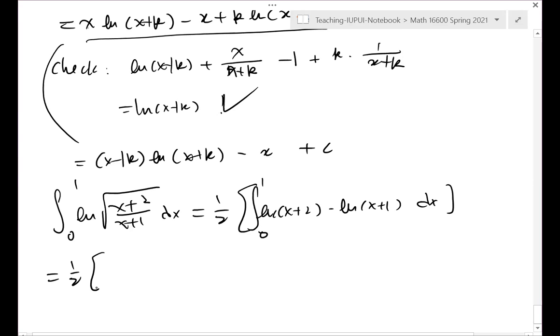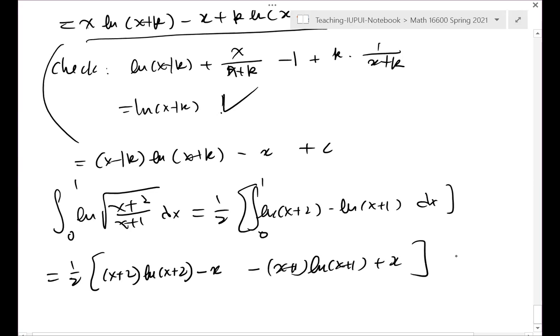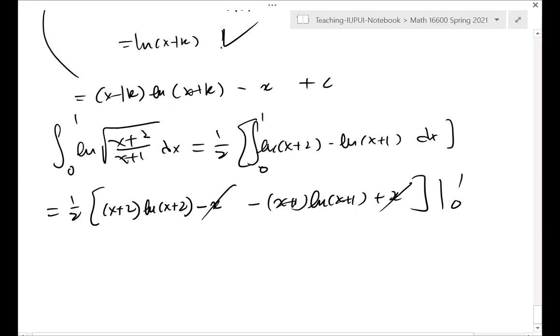The antiderivative of the first one is x plus 2 times natural log of x plus 2 minus x. The second one, I have to subtract it. Then minus x becomes positive x. Actually, now x is gone, because that's the same x.